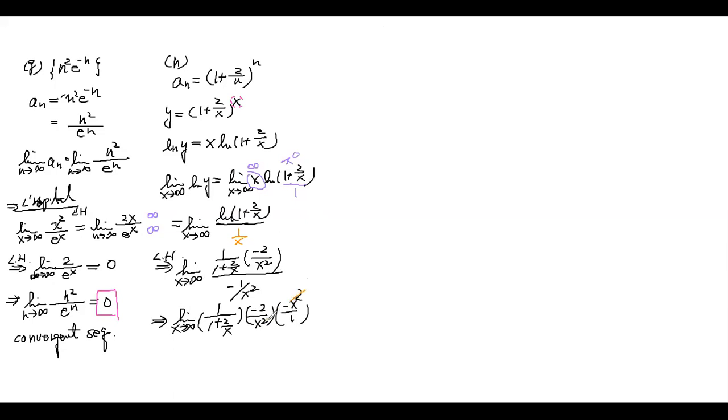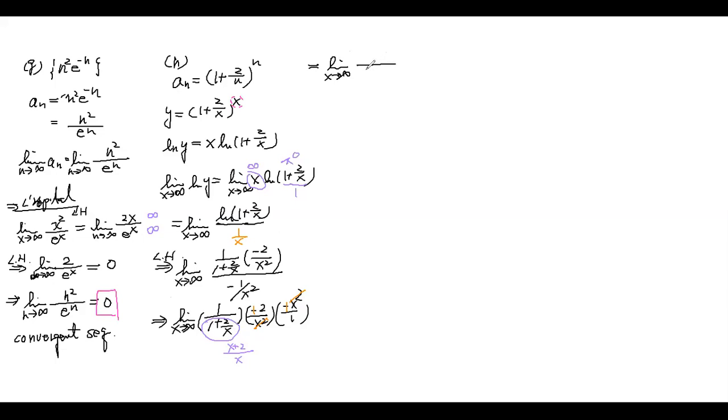The x squared cancels, and negative and negative become positive. Then you simplify these terms, and it becomes the limit as x approaches infinity.